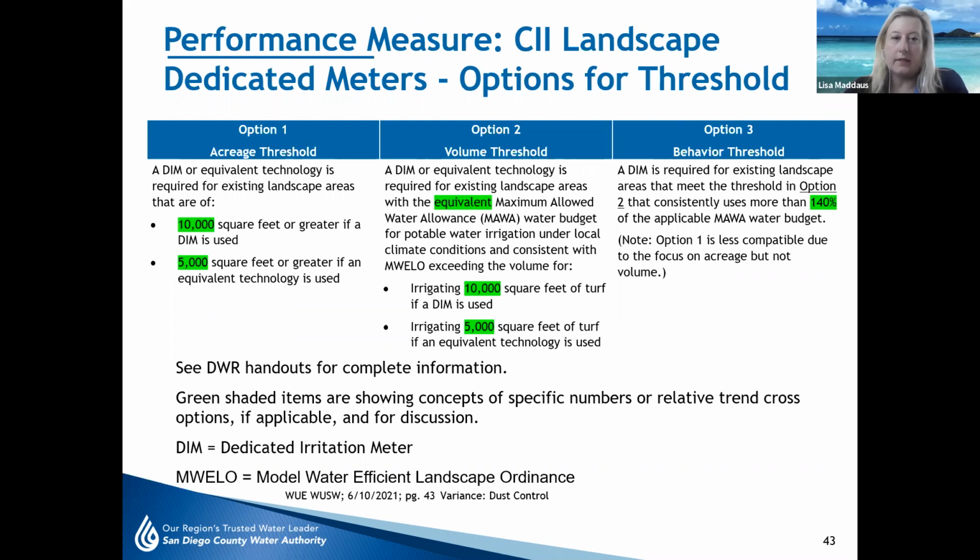They're trying to set the bar of what size properties, for example, on an acreage threshold or volume of water use going through the overall meter, would need to have a segregated meter, or if there's some other behavioral threshold that you might be able to estimate, like a MAWA water budget for the site, that triggers that there's enough outdoor water use on the property to invest in a dedicated meter for that site. So these are the three options that they have for thresholds. Next slide.